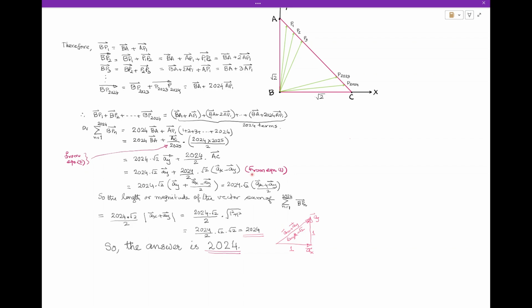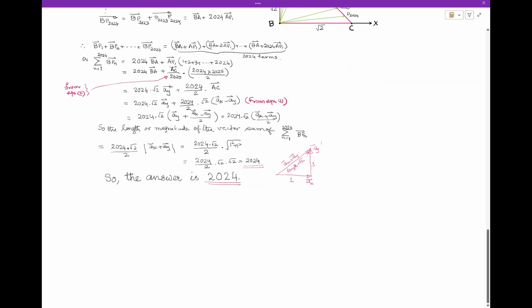Because we had found this out from equation 1. Therefore, the summation is equal to 2024 into square root of 2 multiplied by AY plus (AX minus AY) by 2.